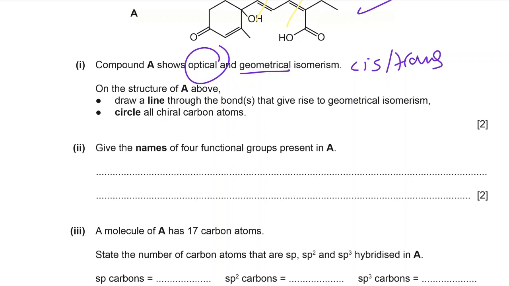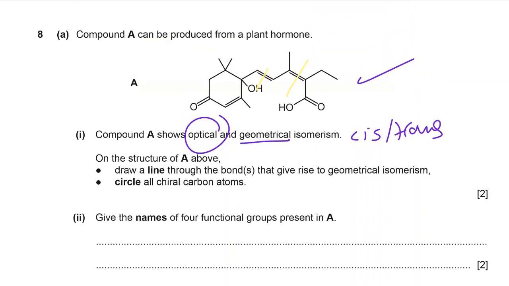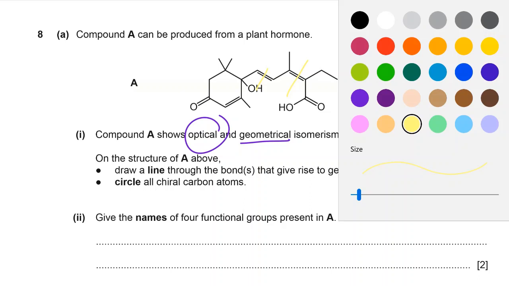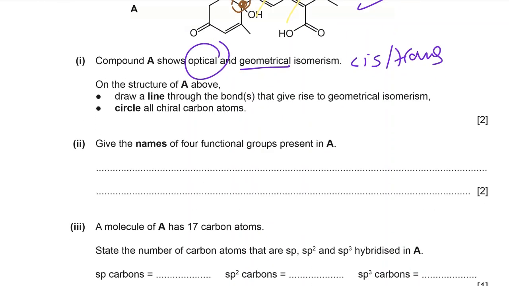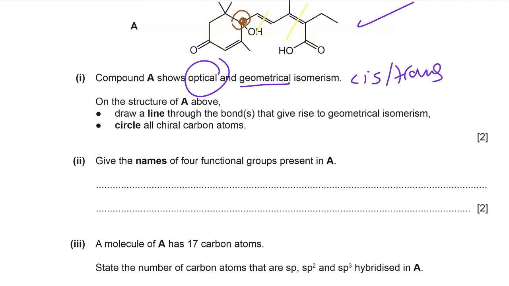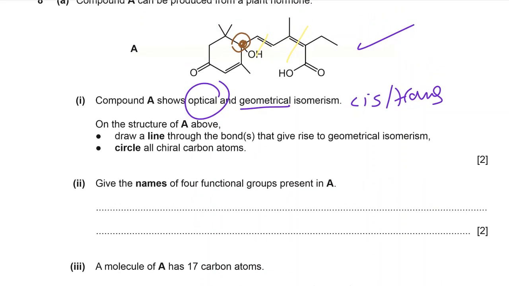Then circle all chiral carbon atoms. Here you need to find the carbon which is bonded to 4 different groups. So this carbon. So here, we have circled this carbon. Give the name of 4 functional groups present in A. So let's start with this one.